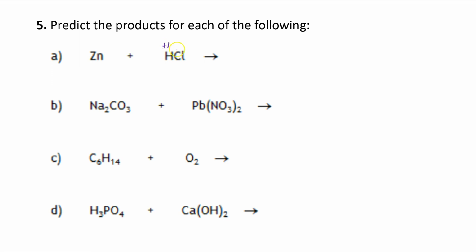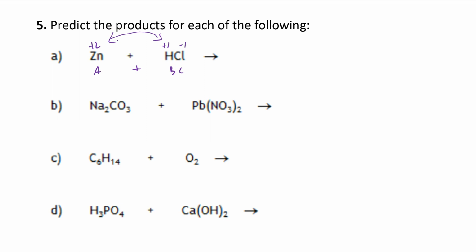So I'm going to write a +1 above that, a -1 above that, and a +2 above zinc. Even though zinc is not an ion yet, it will become an ion with a +2 charge. So now pluses replace pluses, and this looks like a single replacement reaction to me, so I'm just going to swap zinc and hydrogen.